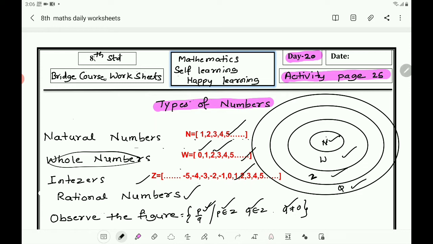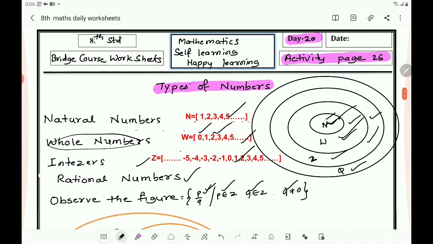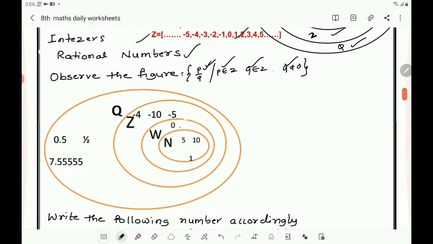Natural numbers means only positive integers. Whole numbers means an extra 0 will be there. Integers include natural numbers, whole numbers, and extra negative integers. In Q, the set of rational numbers, all natural numbers, all whole numbers, all integers, together with decimals and fractions. So you observe the figure.